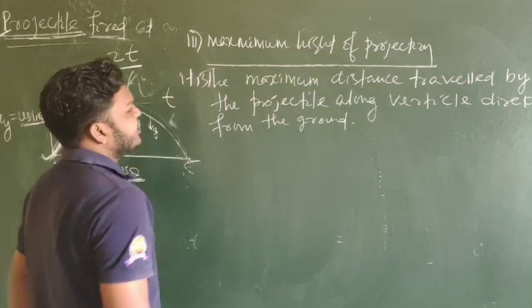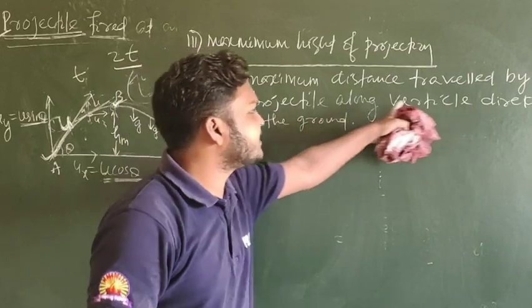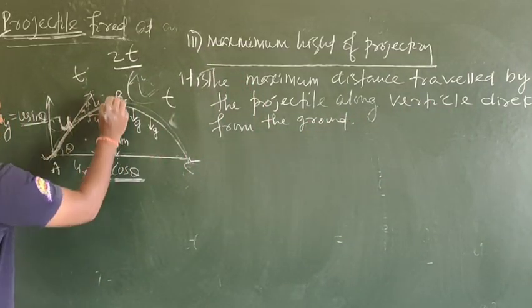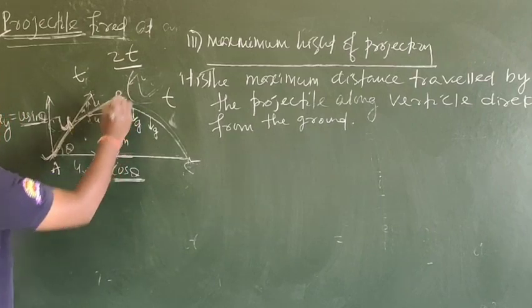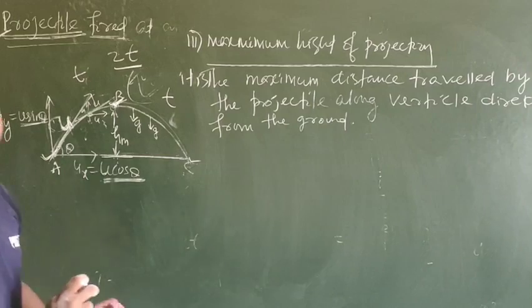It is the maximum distance. Maximum height means it is the maximum distance traveled by the projectile along vertical direction. That means this is vertical direction, and along vertical direction from this ground the projectile vertically cover this distance. This is maximum height.